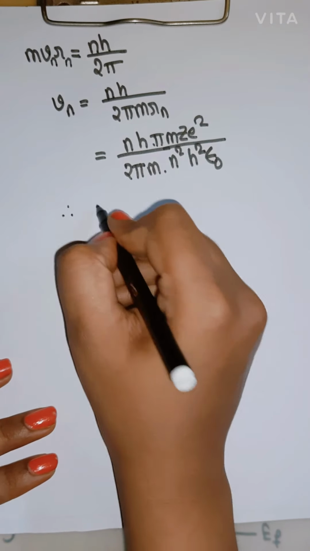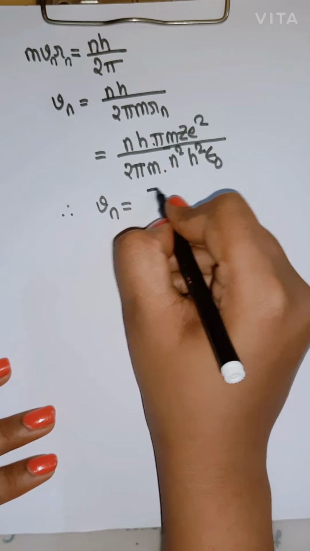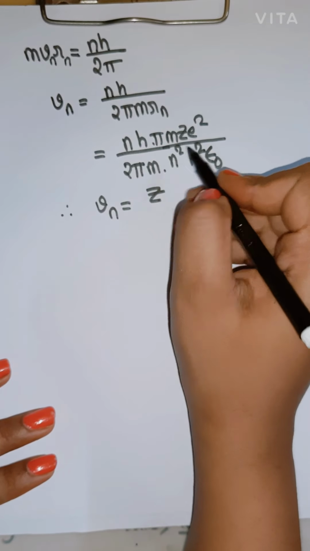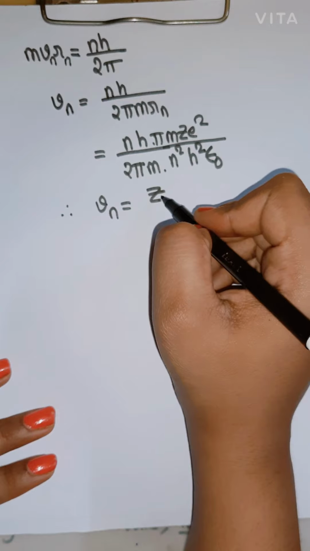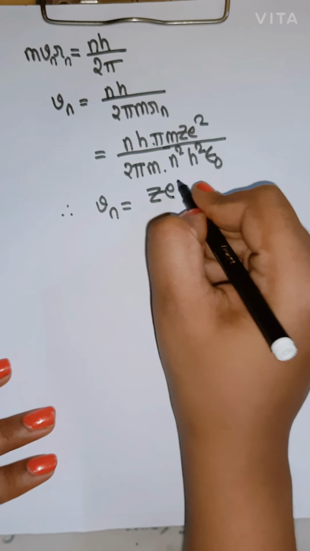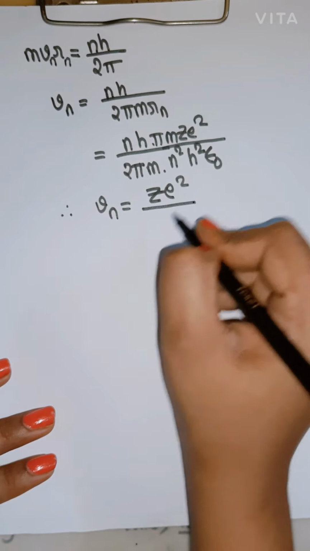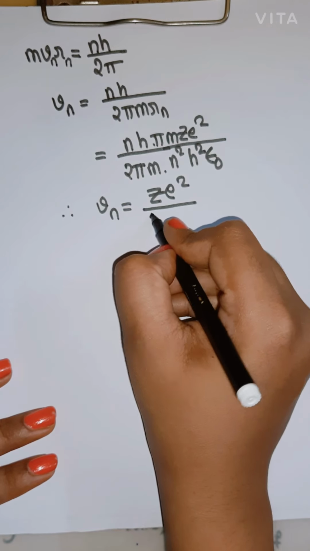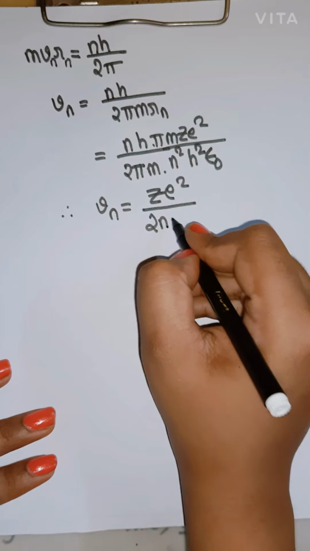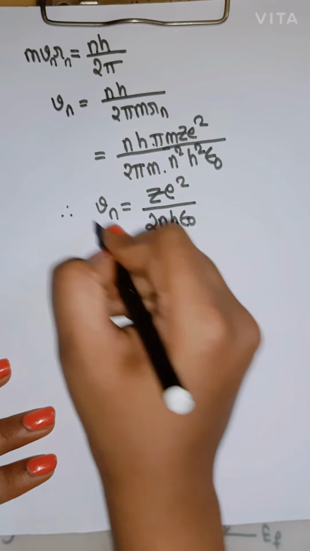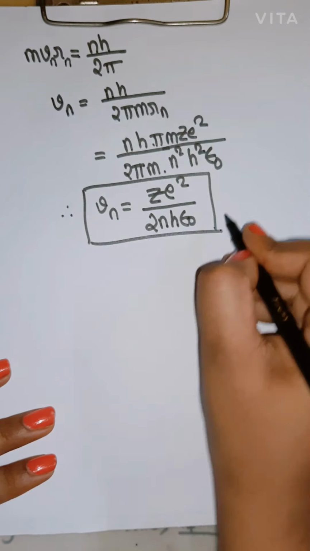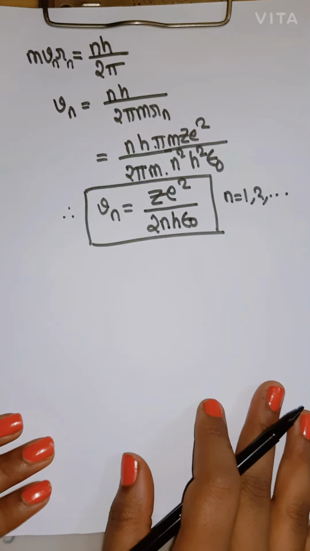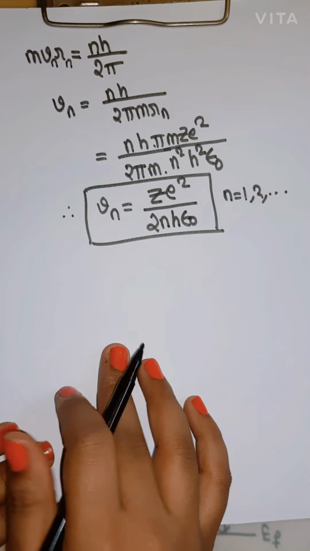So we have vn is equal to z e square by 2 n h epsilon naught, where n is equal to 1 to infinity. So we have calculated the velocity.